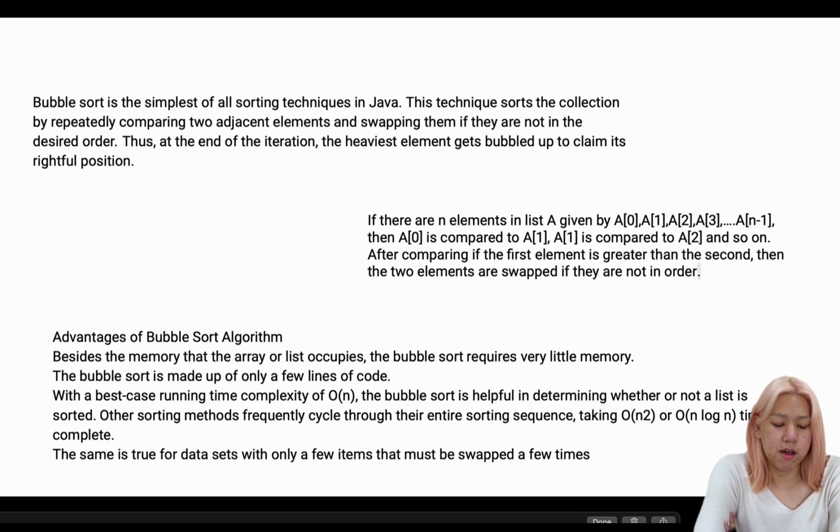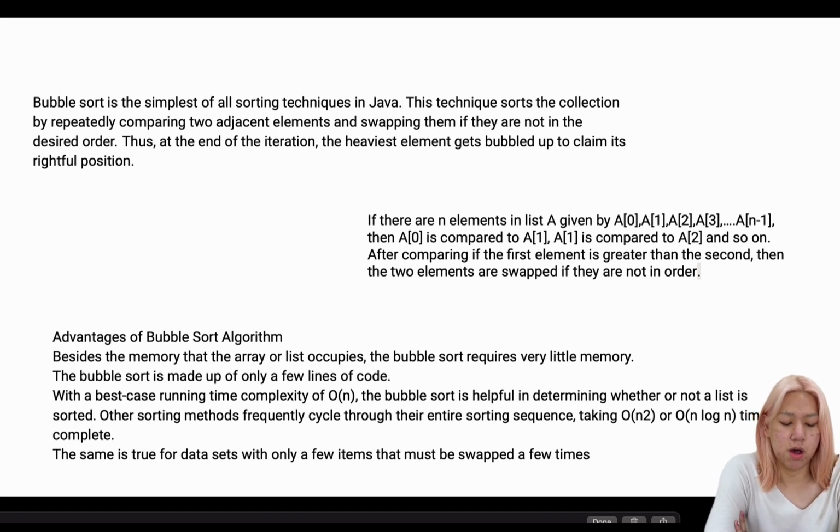Other sorting methods frequently cycle through their entire sorting sequence, taking O(n^2) or O(n log n) time to complete. The same is true for data sets with only a few items that must be swapped a few times.